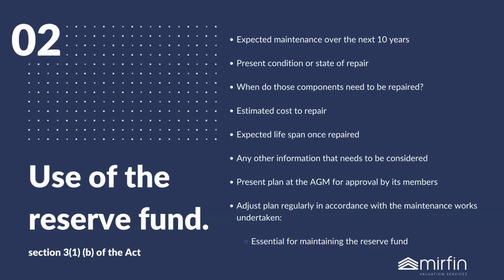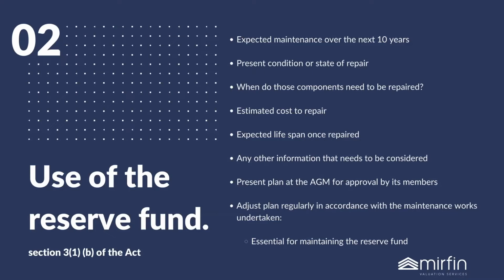And we also know that the plan can't be cast in stone. Things change. If you've done a maintenance plan this month, 3 months down the line something happens in the scheme and that plan needs to be updated. So it's a document that continuously needs to be updated to be relevant. And the same applies if actual maintenance work is done.